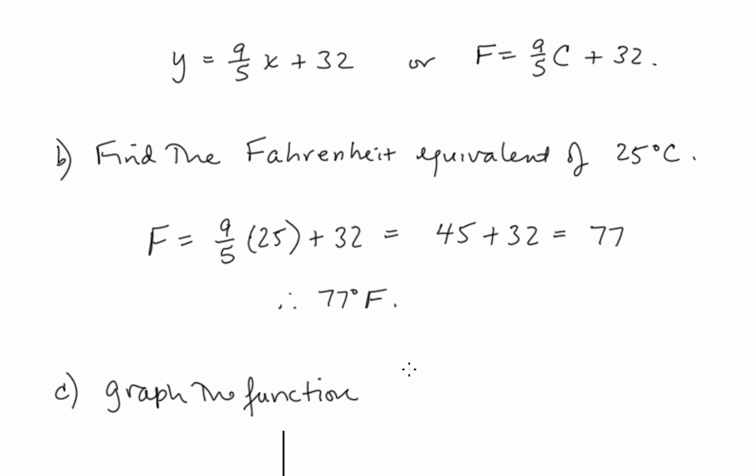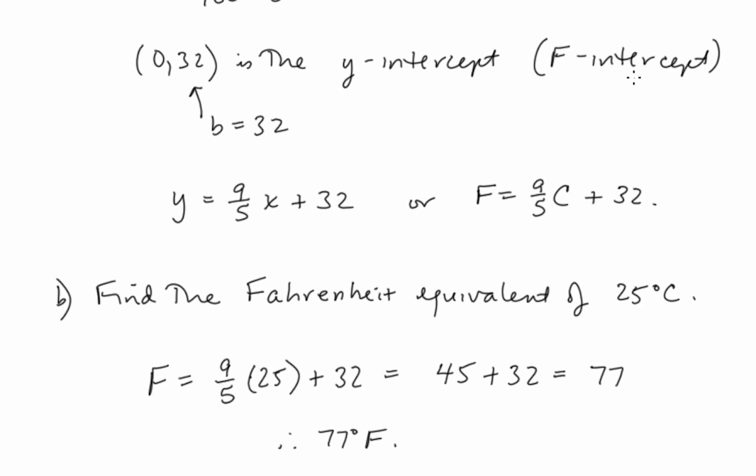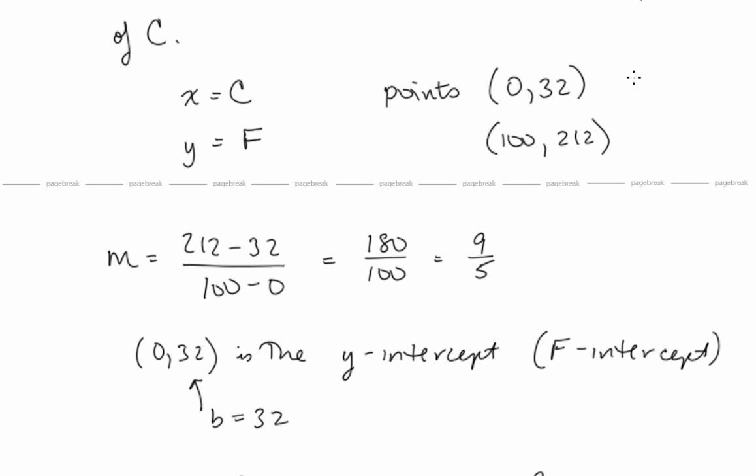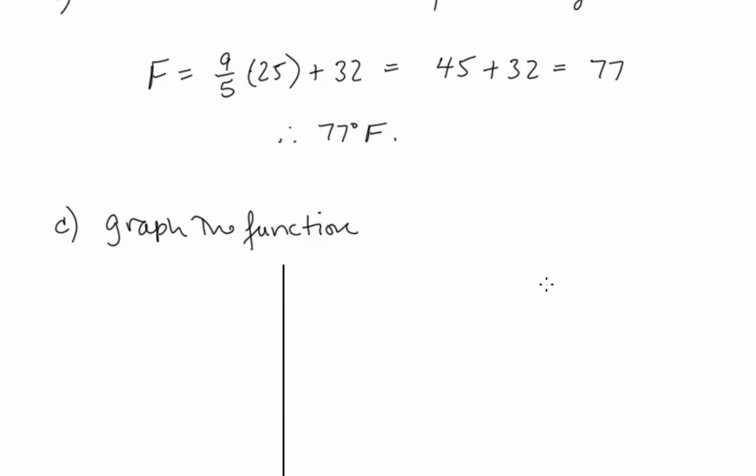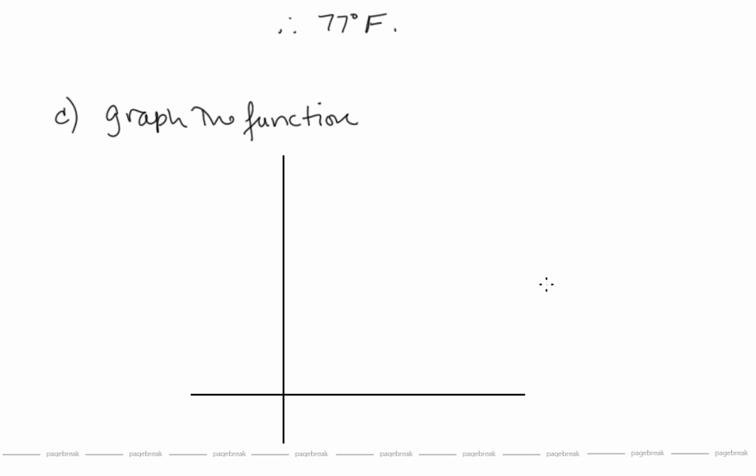And part C asks us to graph the function. So notice here that we have a slope of 9/5 and an intercept of 32. It would also be nice if we include on our graph the other point that we're given, 100, 212. So let's set up our axes to include those values.